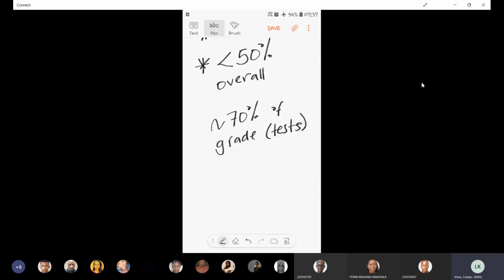And then students that write the supplementary test because they fall into this category will only be able to get 50% if they pass the test. So that means even if you get 100% in your supplementary, and when I work out the average in the normal way, it comes up to 60 something, your final mark will be 50%.